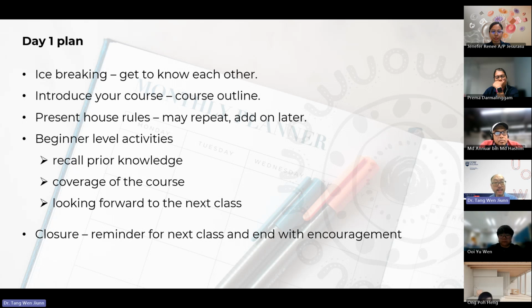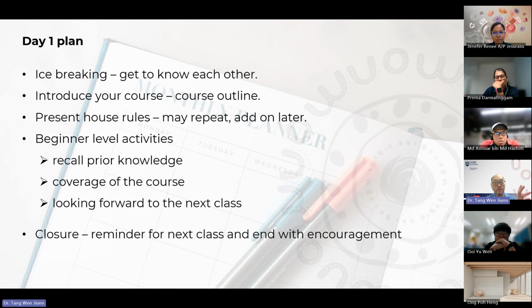Then once that part is done, we can slowly go into the module, but we start with simple activities. Let's say it is a continuation of what they've done before in high school, then we can start with activities from high school. If it is something very new, then we can get creative with something that they might have been exposed to in their daily life.